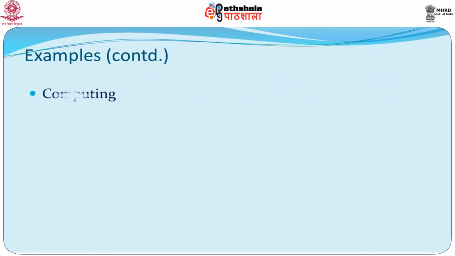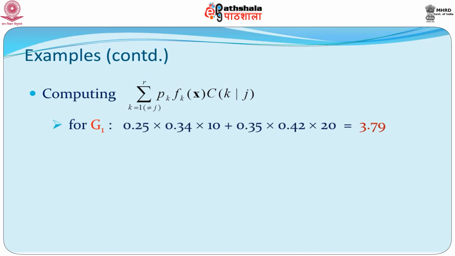Now, if you look at this, when we compute this p_k f_k(x) c(k given j), for the first group G1 we have p_k, the probability of coming from the second group, which is 0.25, and 0.34 is the ordinate of x in the second group, so it is f_2(x), and 10 is the cost.